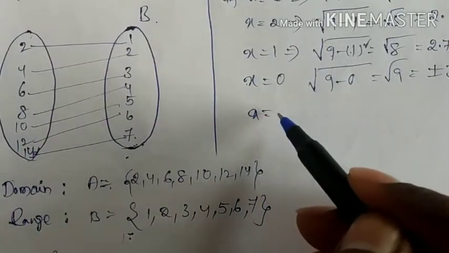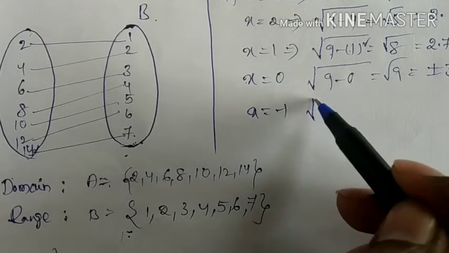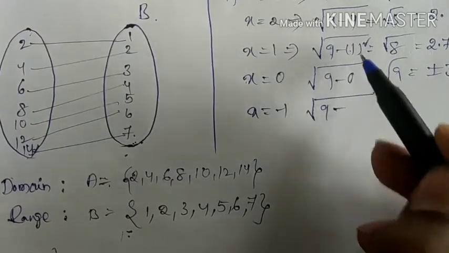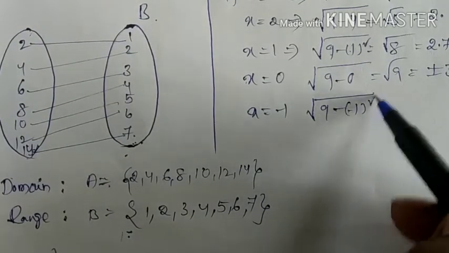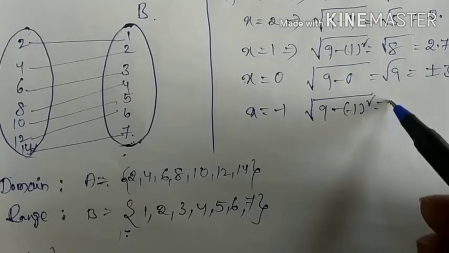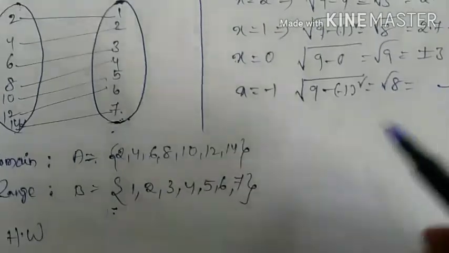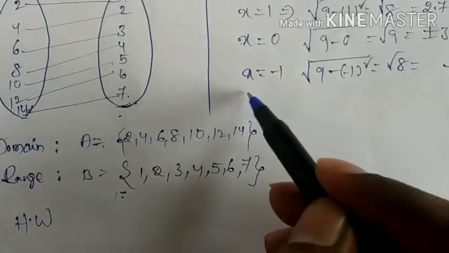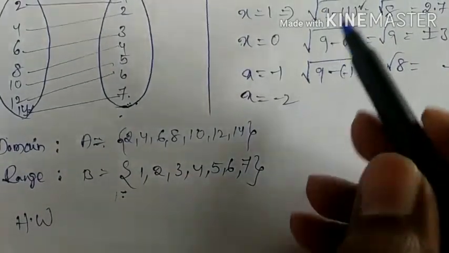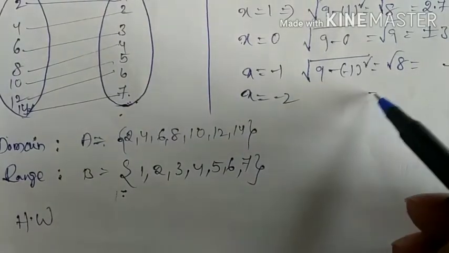If x is equal to minus 1 is given, then 9 minus 1 whole square means 1, so 9 minus 1 again gives root 8, again this value is repeated, right? In this way we can get the values. If x is equal to minus 2, then the same value will come, root 5 will come.